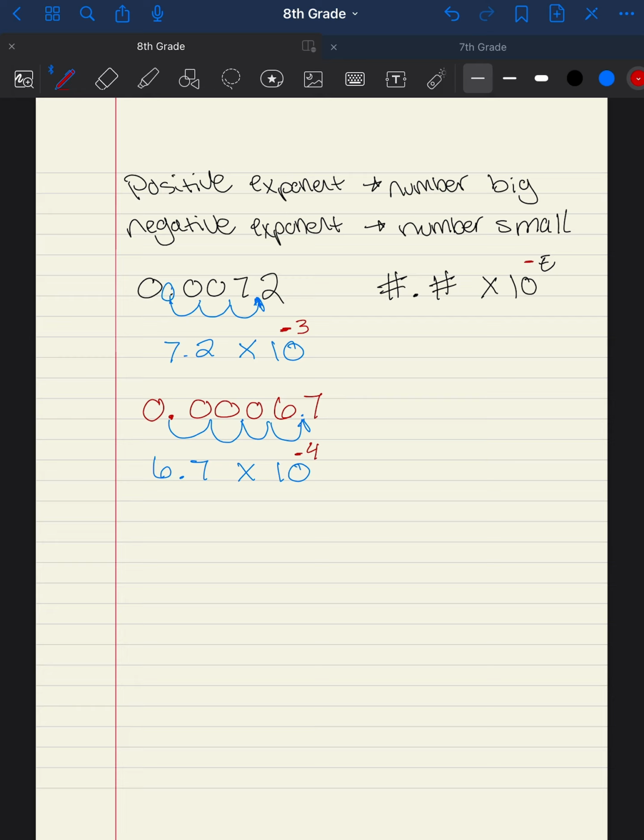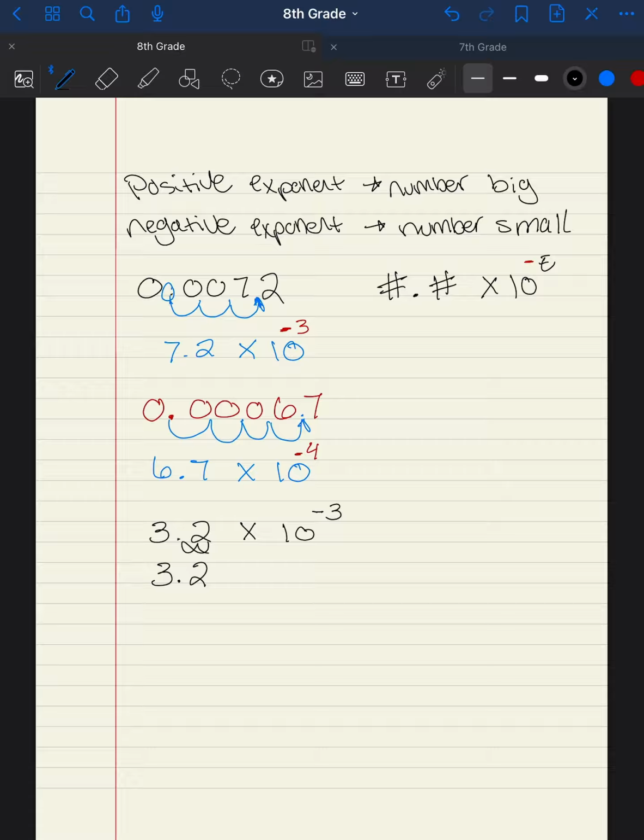Now, let's work backwards. Let's say I give you 3.2 times 10 to the power of negative, let's do 3. Now, always start with taking it out.